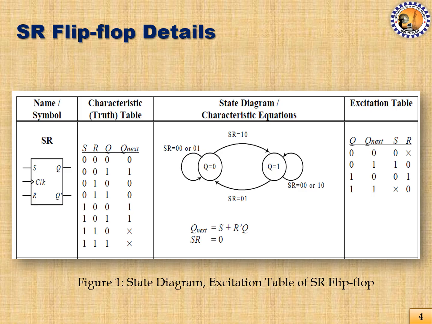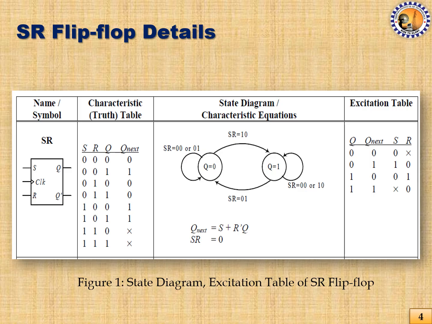Now this is representing the state diagram of the SR flip-flop, where we can see the SR flip-flop can be in two states, that is Q equal to 0 and Q equal to 1. This circle is representing the state Q equal to 0 and the other circle is representing Q equal to 1.